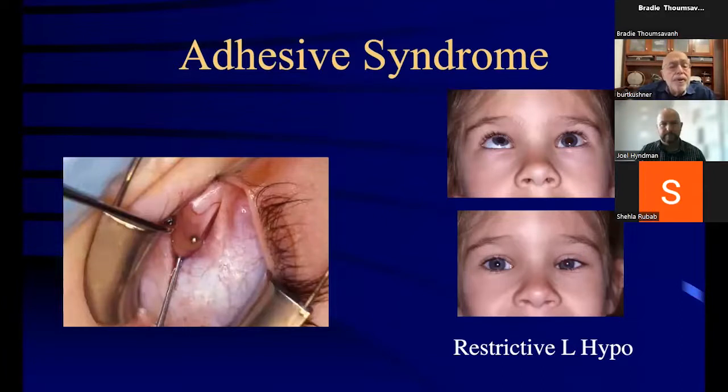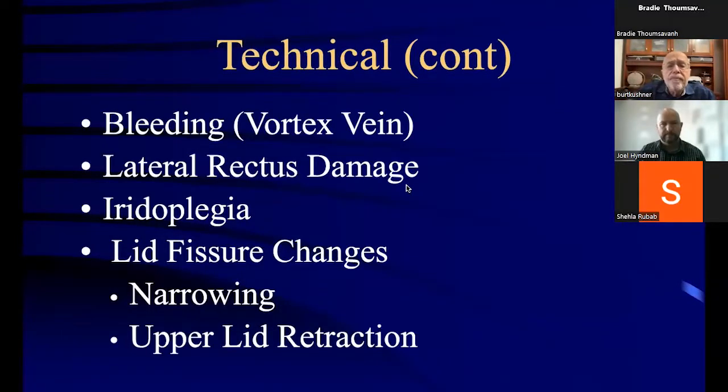Now, if I'm posterior and I'm popping through in here, that's what Marshall Parks called popping the fat, and you can end up getting an adhesive syndrome. And that's what happened with this child, who had undergone inferior oblique surgery and has very restricted, limited elevation and very positive force ductions.